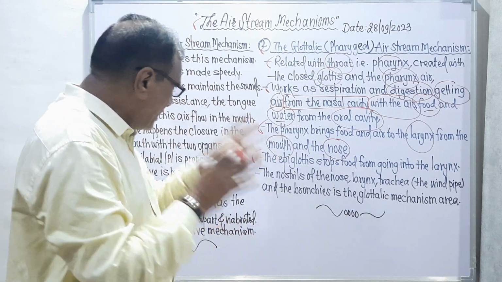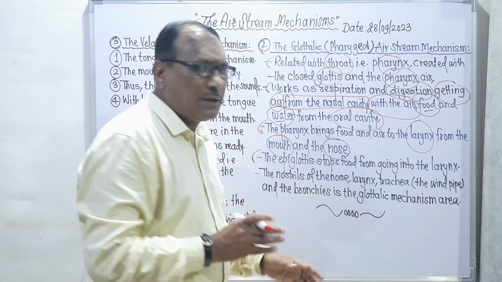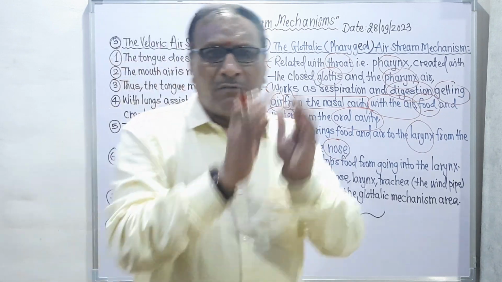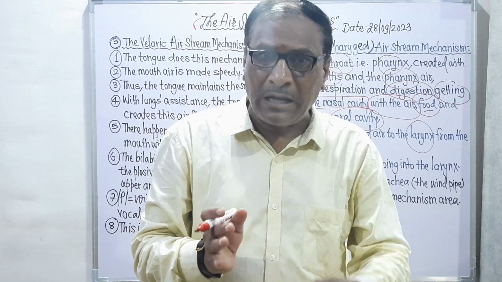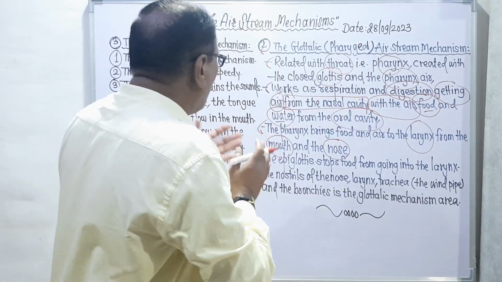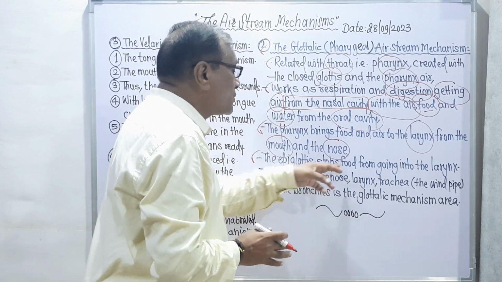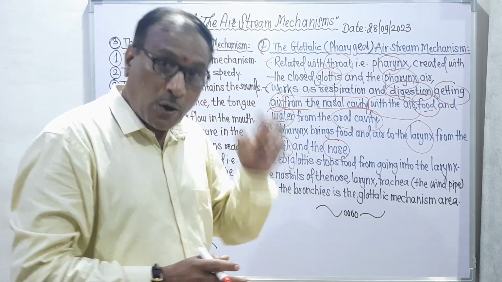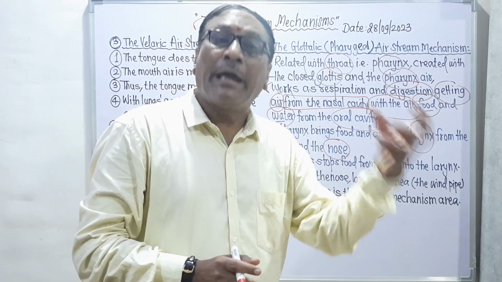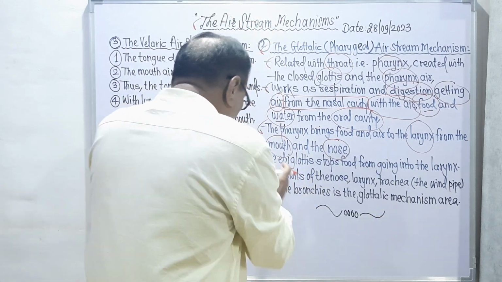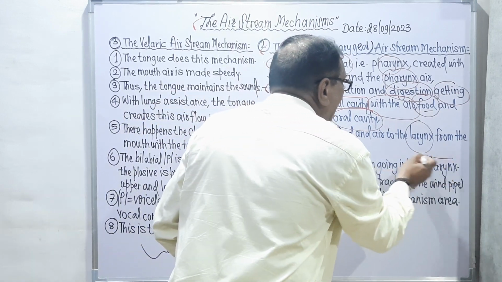Now the next is that the epiglottis stops food. There is one organ of speech, and that organ of speech is the epiglottis. That epiglottis stops food. It means that this food cannot go ahead. The epiglottis stops food from going into the larynx.